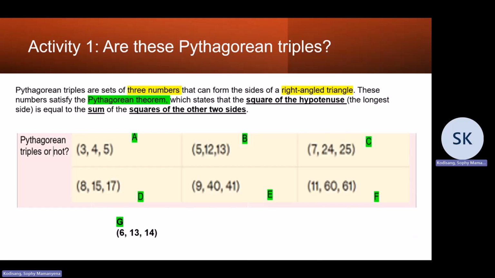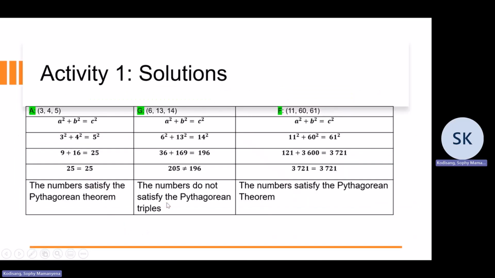These numbers satisfy the Pythagorean theorem, which states that the square of the hypotenuse, which is the longest side, is equal to the sum of the squares of the other 2 sides. So we need to check, if we are given 3 numbers, whether they really qualify to be Pythagorean triples or not. Now let's quickly look at the solutions.